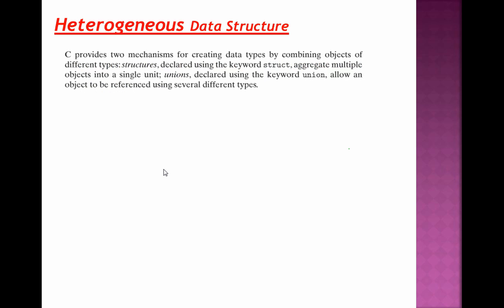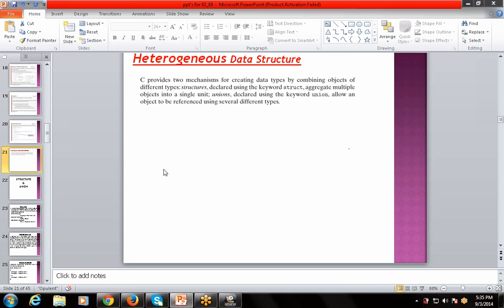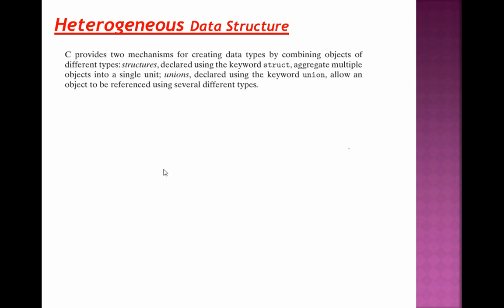Now, the next topic is heterogeneous data structure. This is your new topic, that is how we can use the heterogeneous data structure. Till now we have covered the homogeneous data structure, that is of similar type. Either I can take int, float, double, or char.